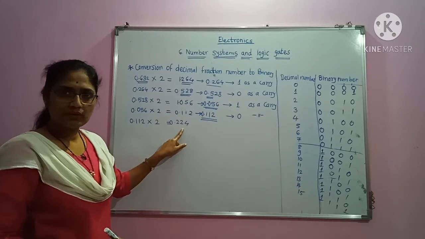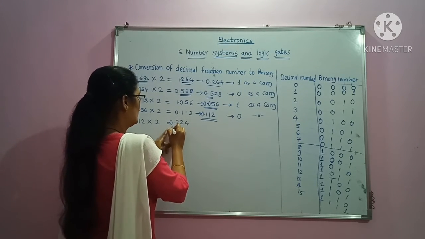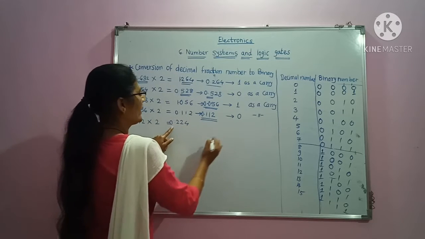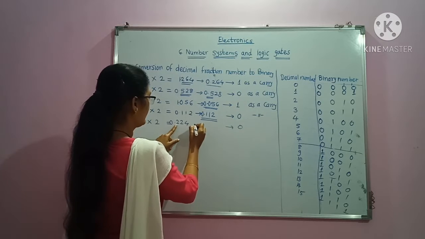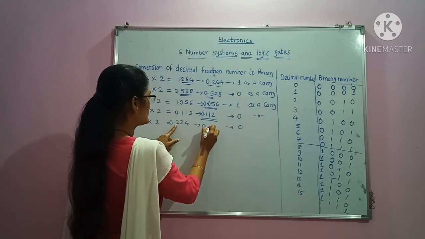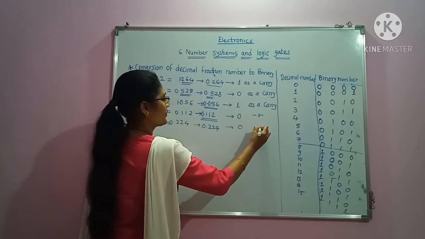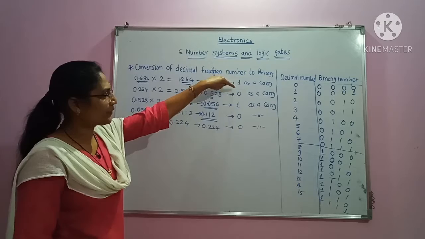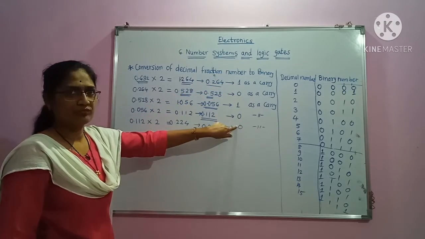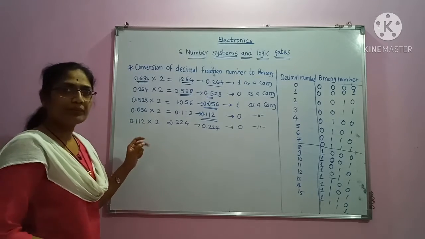So I have obtained this fraction. Again, carry is 0 and the fraction part is 0.224. Now I have completed 1, 2, 3, 4, 5. I have to repeat 3 more times in order to complete 1 byte.